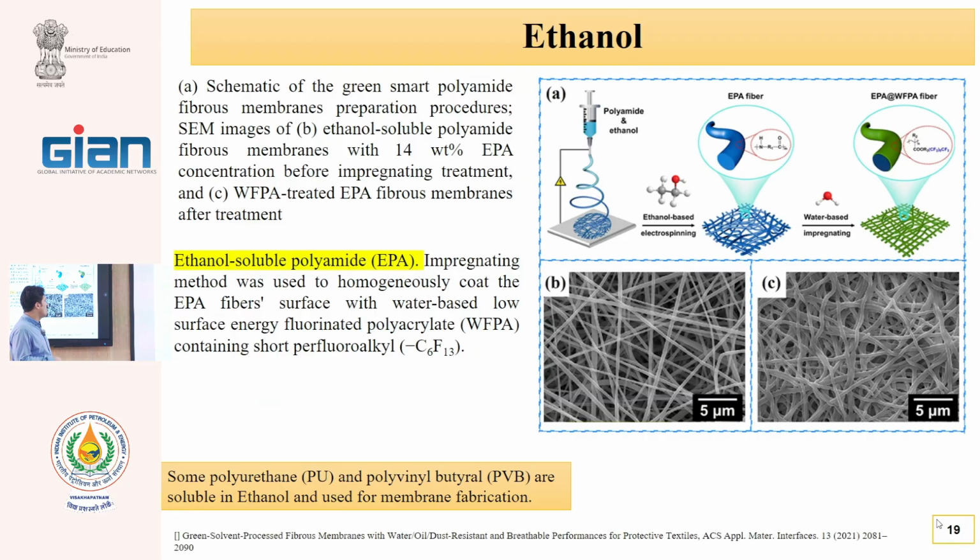Some polyurethane, polyvinyl butyral, PVA, and polyethylene glycol can be dissolved in ethanol, and we can use ethanol for fabrication of these membranes as nanofiber or as flat sheet and others.